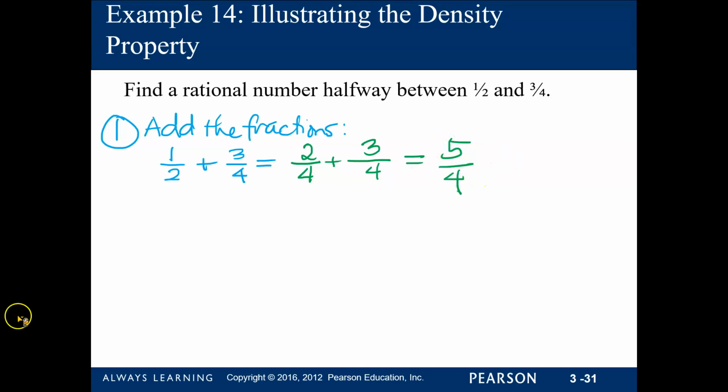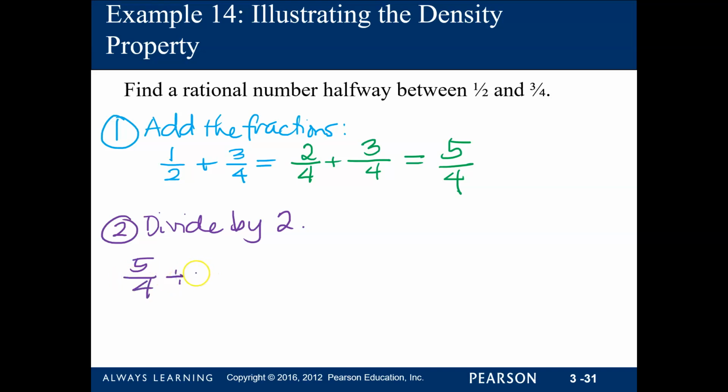The next step, after adding, is to find the quotient by dividing it by 2. It's pretty much like getting the average. We add the two numbers and then we divide by 2, because we're looking for the middle. So this is now going to be 5 over 4 divided by 2.